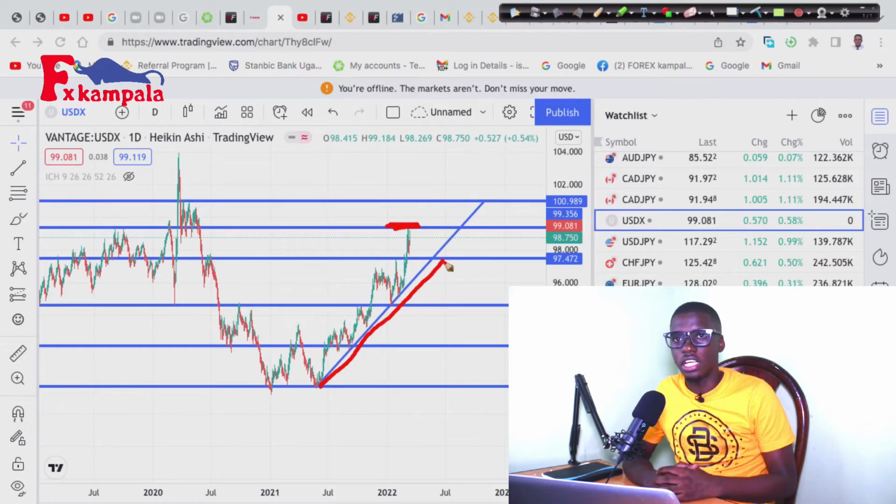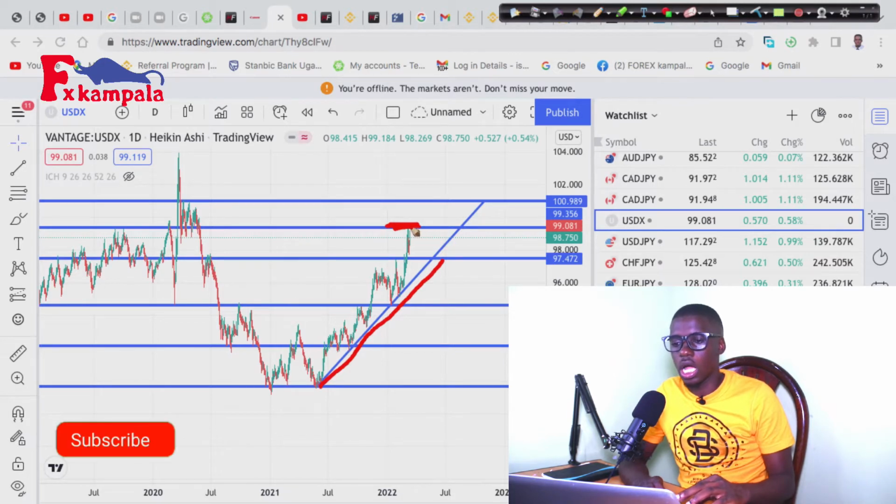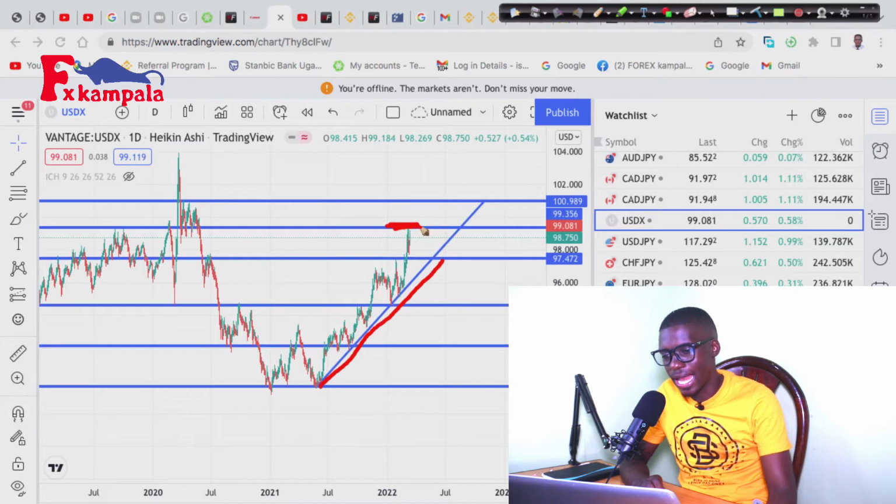Usually they move appropriately, as we started in our narrative. So, according to our analysis as of now, we're experiencing some resistance along this particular level, about 99.081.